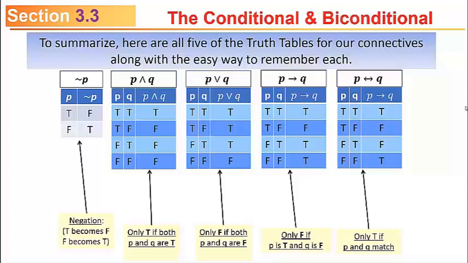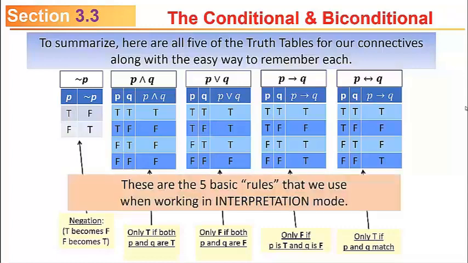And finally, the biconditional, it's only true if P and Q match. However you want to rephrase those memory aids, there are 5 of them, and you need to be able to say them to yourself so that you can produce those tables if you need to. I referred to some of our work as working in the interpretation mode. These are your tools for working in the interpretation mode.